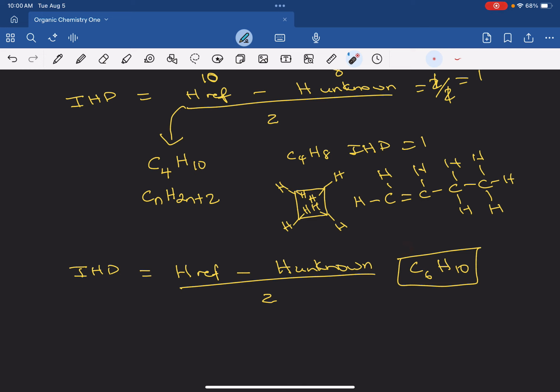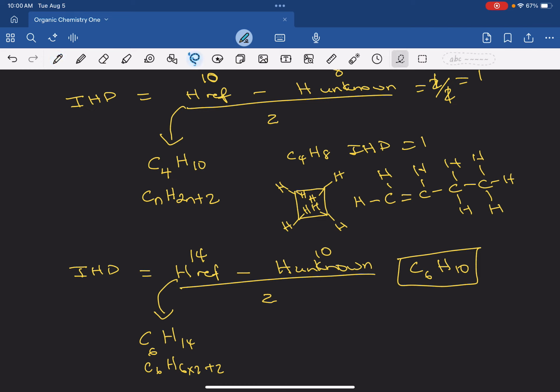Okay, so let's try that. First thing, find your unknown. I have six carbons in my unknown. All right, reference, here we go. C6H14, right? 6 times 2 is 12 plus 2. That's how I got the 14. So this is 14. Number of hydrogens in my unknown is 10, right?